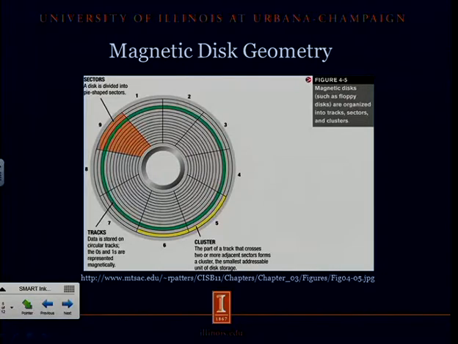So you have 3 concept pieces within this media: tracks, which are concentric circles that are read by the head as it passes through; sectors, which are your smallest chunk of data stored on a disk; and then you have clusters, which are groups of sectors on a disk.